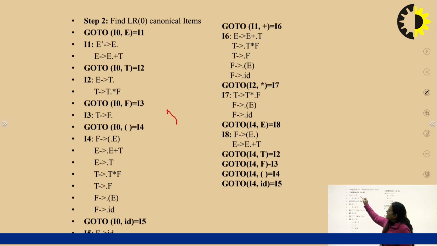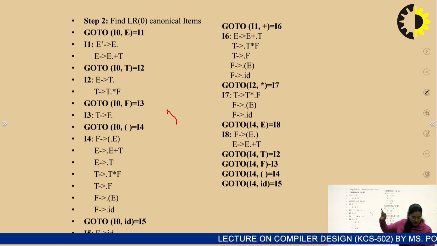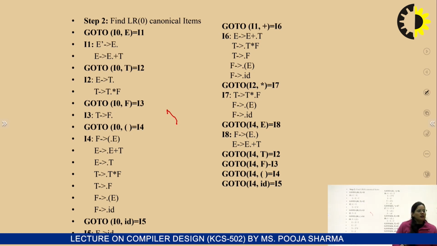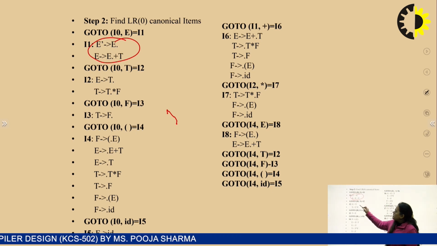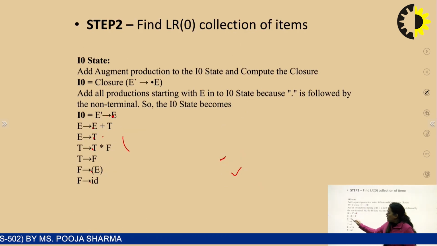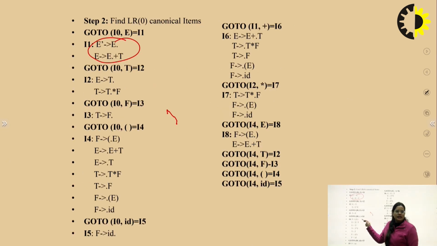I1 contains E dash implies E dot and E implies E dot plus T. So I1 contains two productions. Next, the dot is placed before T, so we construct the next go to from I naught on T, which is equal to I2.